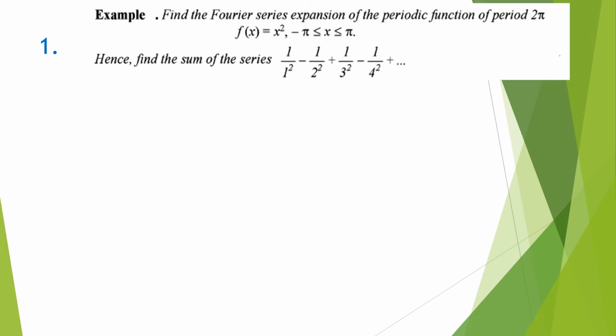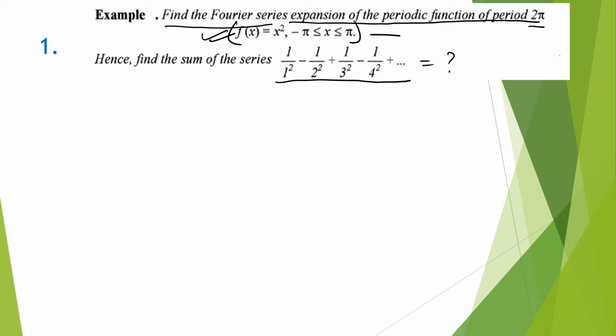For the first type, find the Fourier series expression for the periodic function of period 2 pi for this problem, and hence find the sum of this infinite series. We have to evaluate the value of this.